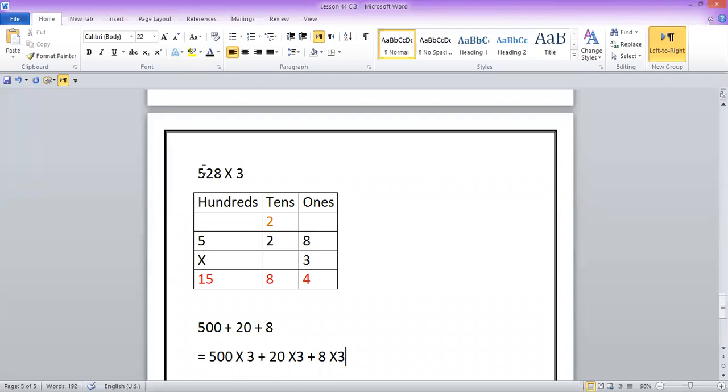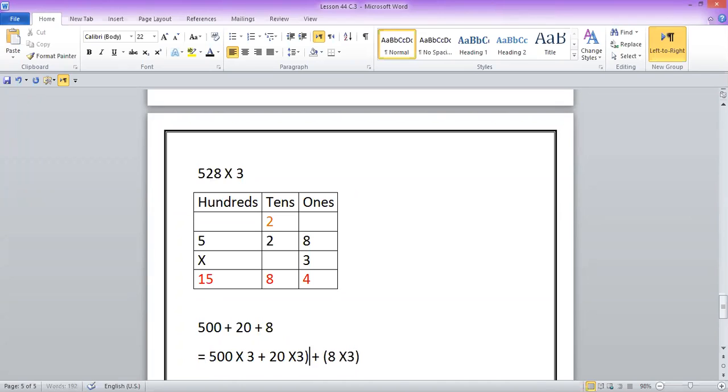Let me check here. This is 5. 5 is on the hundreds place, so its value is 500. I multiply 500 by 3, plus this is 2, its value is 20. I multiply 20 by 3, and this is 8, its value is 8, and I multiply 8 by 3.